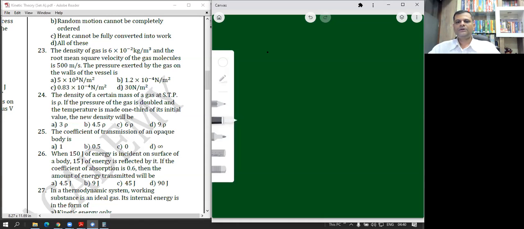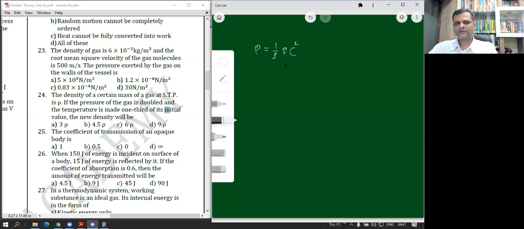Okay. How the density depends on pressure and temperature at constant pressure और temperature पे density कैसे depend करता है. देखो ठीक से, P is going to be equal to 1 by 3 into rho into C square. करेक्ट है.